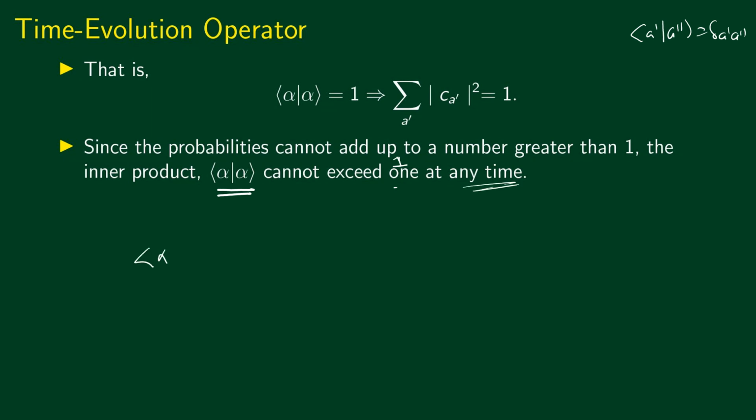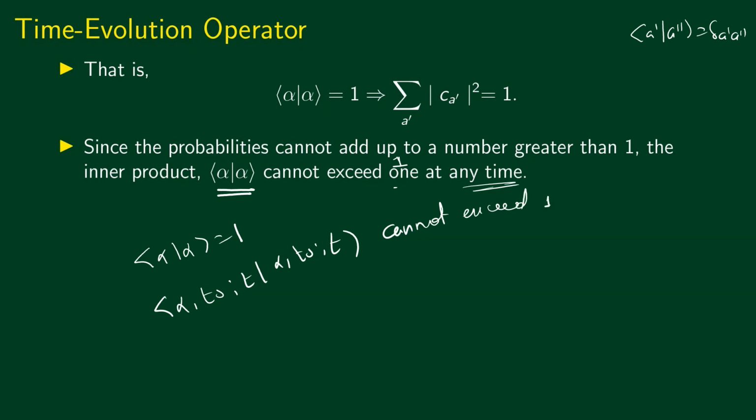Okay, so if ⟨α|α⟩ is equal to 1, since these expansion coefficients are related to the probabilities, this means that ⟨α,t0;t|α,t0;t⟩ cannot exceed 1 at any time, because if it exceeds 1, that would mean that the probabilities add up to a number that is greater than 1, and that does not work.